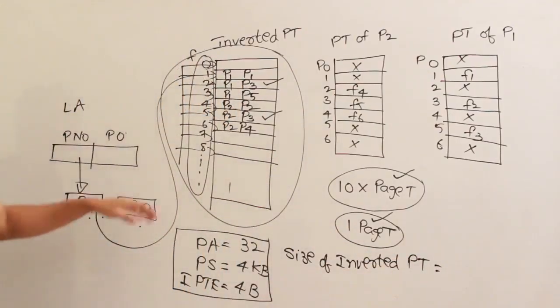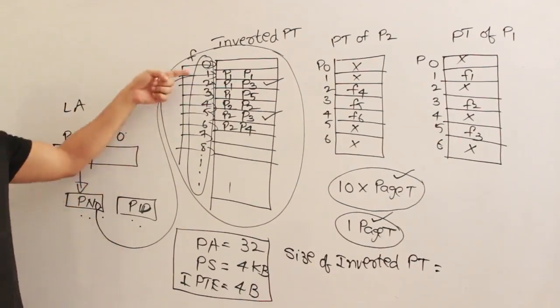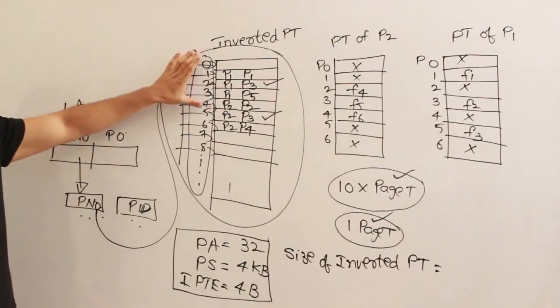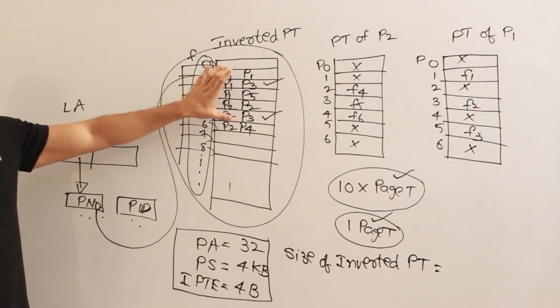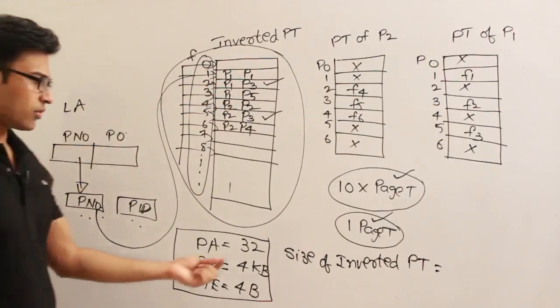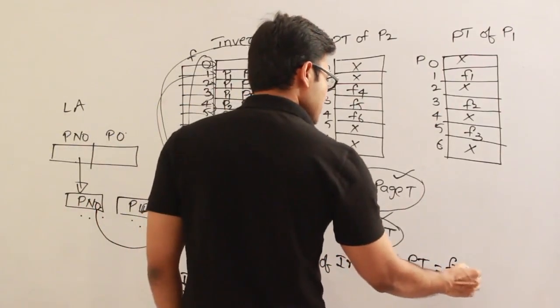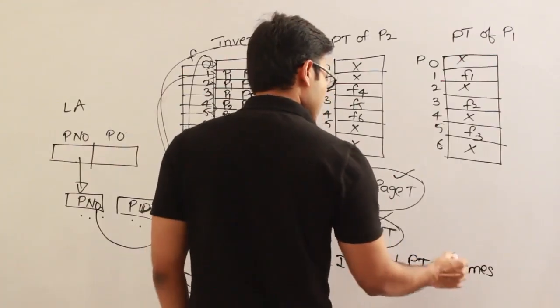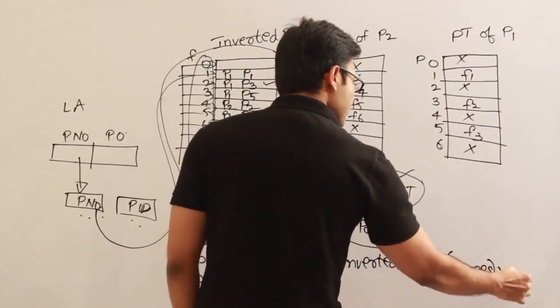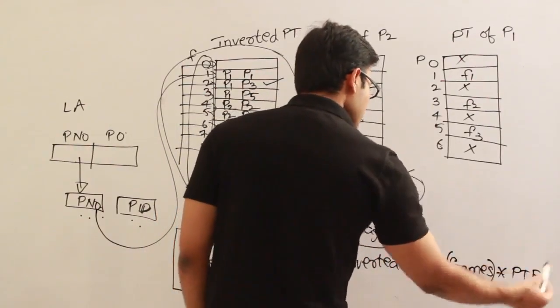Okay, so if you observe this, the size of the inverted page table depends on the number of frames, because the number of entries in the inverted page table will depend on the number of frames in the main memory. Therefore, the size of the inverted page table depends on the number of frames in the main memory, into the inverted page table entry size.